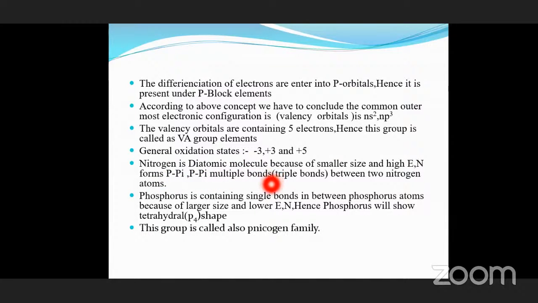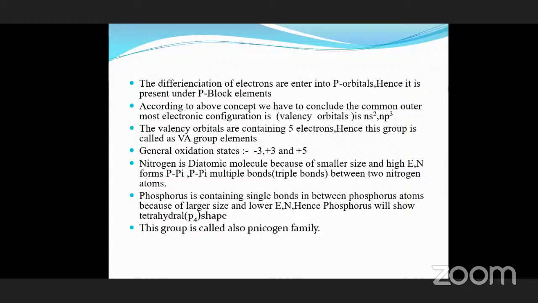That means between two nitrogen atoms there is a triple bond, only because of smaller size as well as high electronegativity. Due to the presence of the triple bond, nitrogen is always written as a diatomic molecule. It is a very, very important reason for nitrogen, so you have to remember this one.